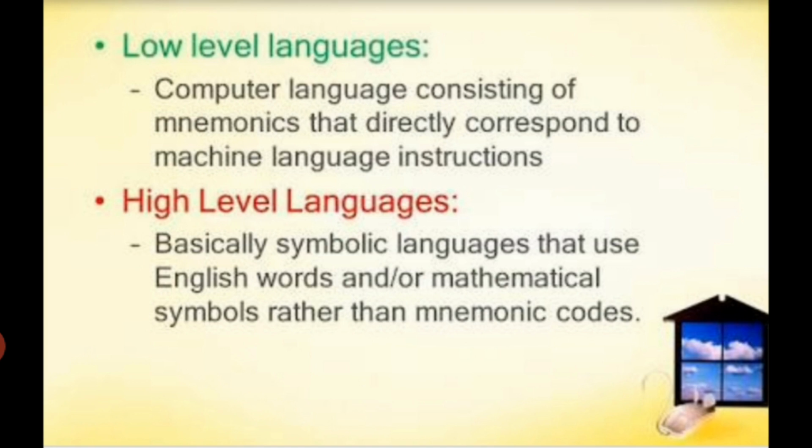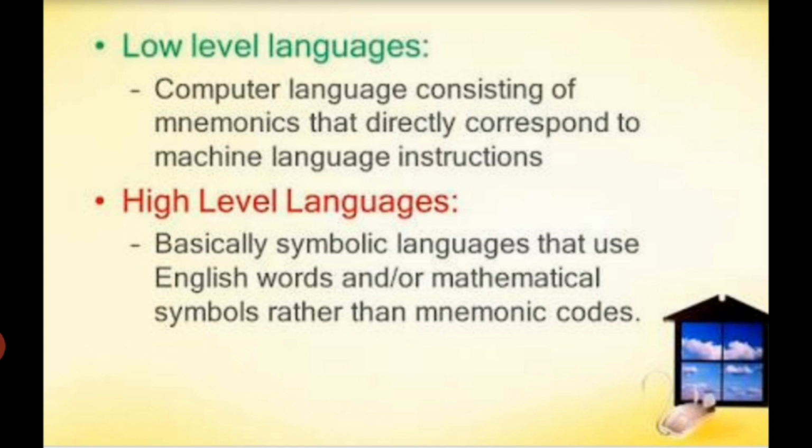Now low level languages are of two different types, which are machine language and assembly language. So machine language and assembly language come under low level languages. The first one, machine language, is one in which instructions are written in binary code.